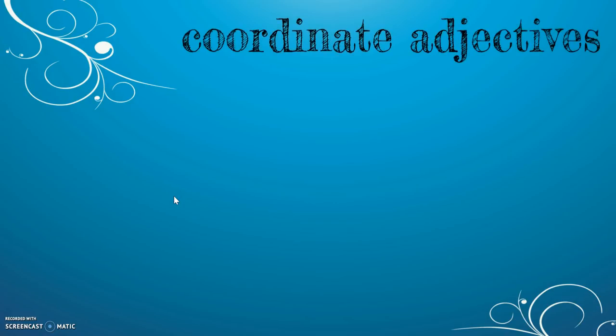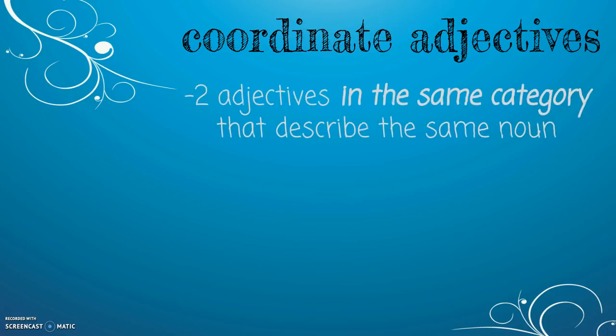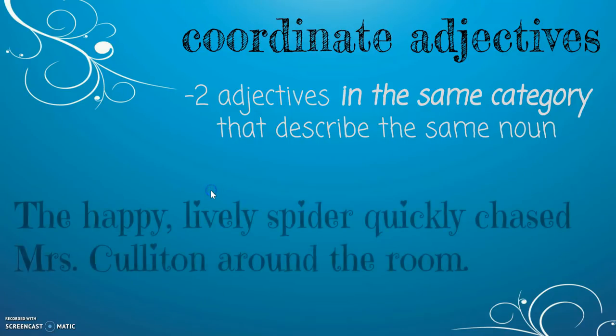Two adjectives that are next to each other that we have a special type of are called coordinate adjectives. These are 2 adjectives that fit in that same category. So maybe 2 adjectives that are determiners, 2 adjectives that are describing the size or the shape. If they're in that same category, we call them coordinate adjectives, and we should put a comma between them.